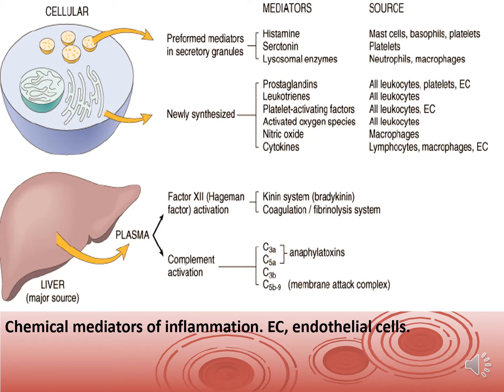From liver, which is the main source of various plasma factors, Factor 12, Hageman factor activation, also stimulates kinin system, for example, bradykinin.